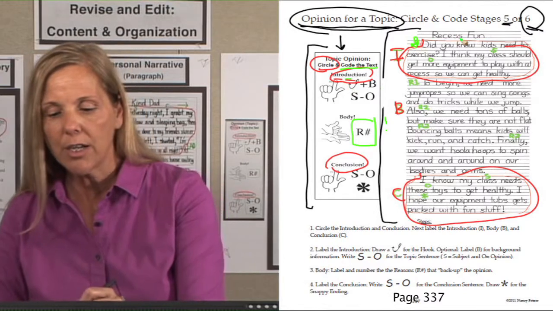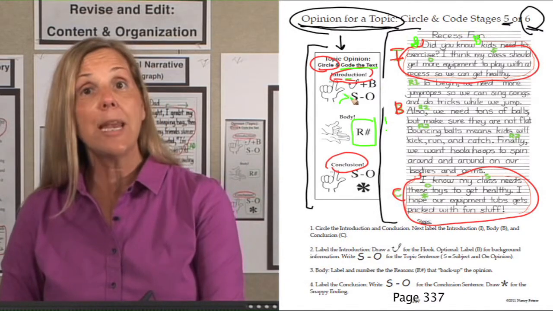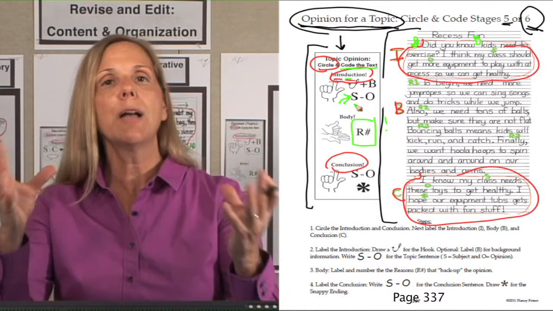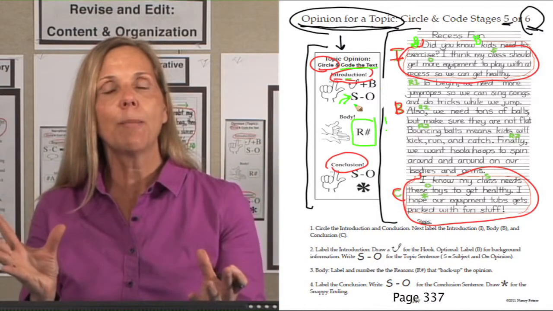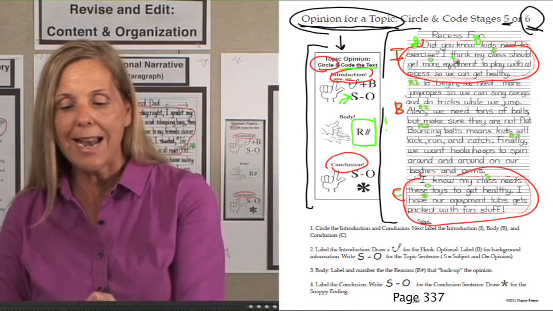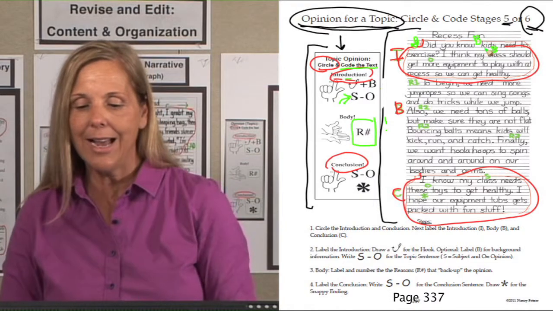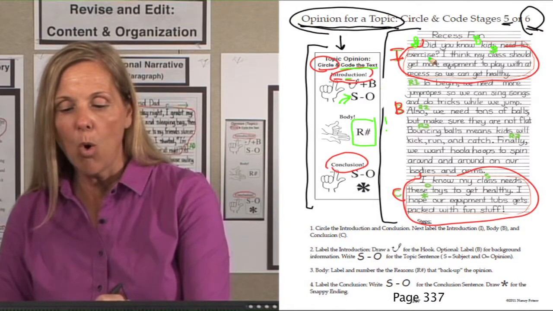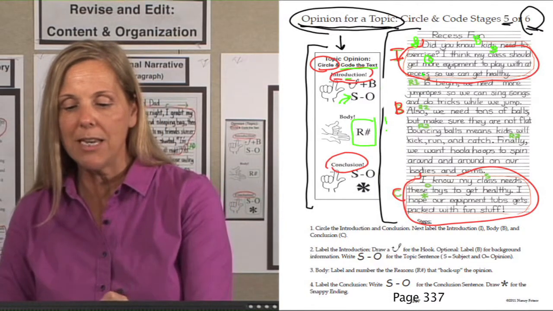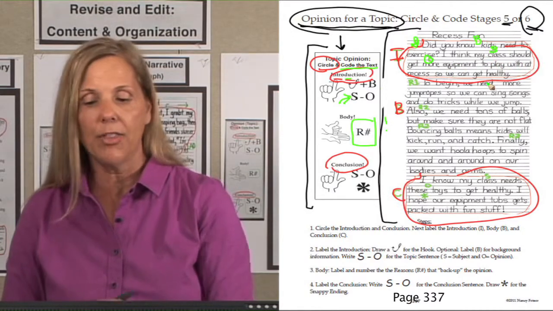So we have our hook and we have our background. Next, we want our opinion. So subject, S, who is this opinion about and what is our opinion? So we go to our opinion. I think my class, there's the subject, my class, should get more equipment, there's my opinion, should get more equipment to play with at recess so we can be healthy.